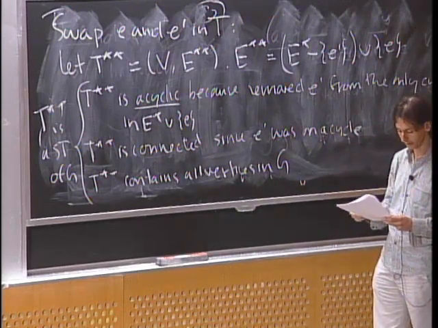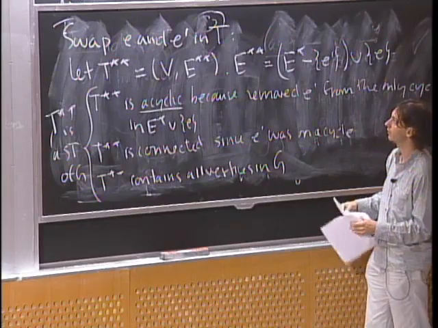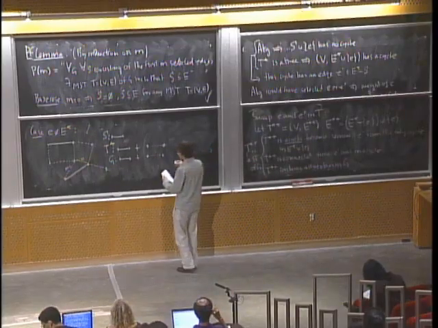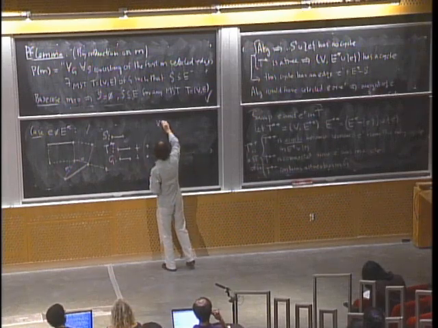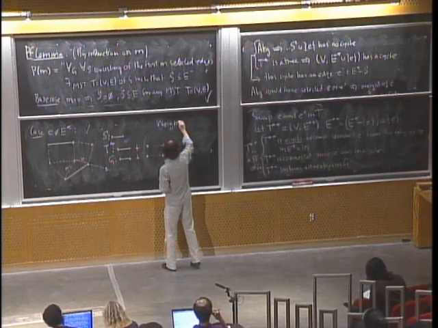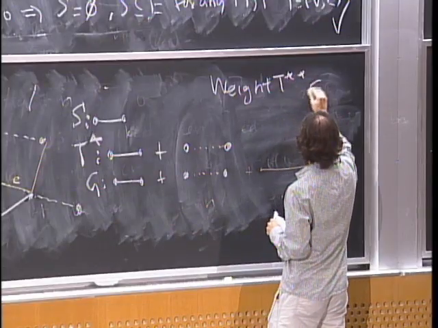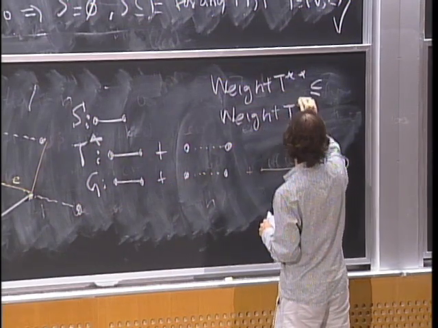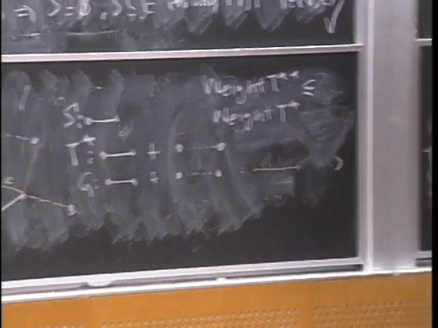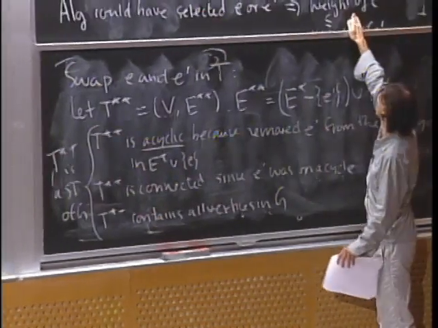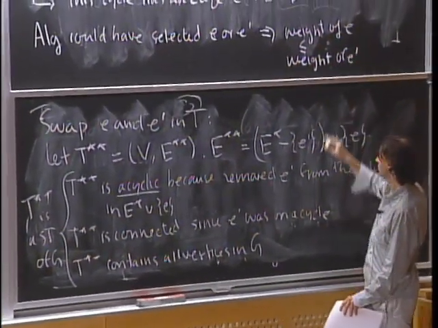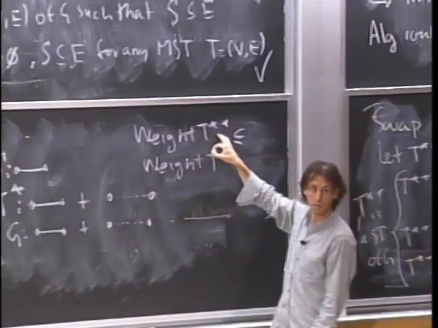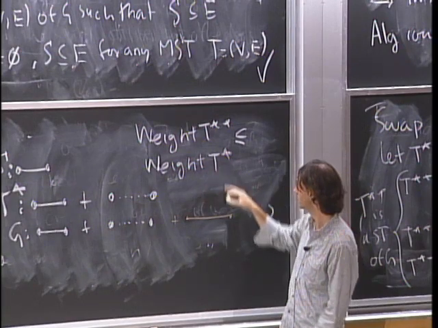Is it a minimum weight spanning tree? Now we are really almost done, because let me write it out here. We know that the weight of T double star is at most the weight of T star. Why is this? Well, we showed just now that the weight of E is at most the weight of E prime, so we have exchanged E and E prime, so that means that the weight of T double star is at most that of the weight of T star.